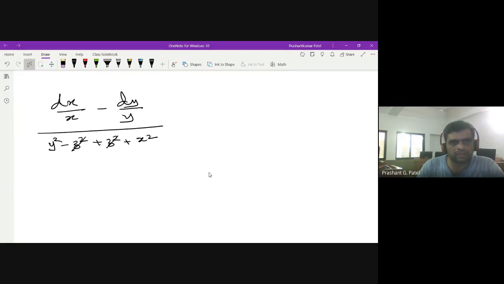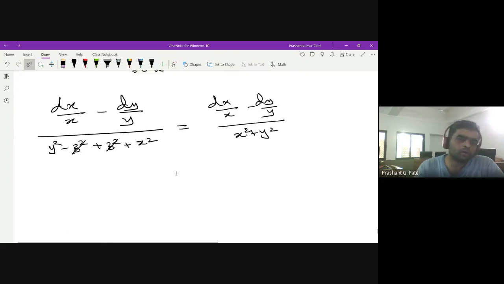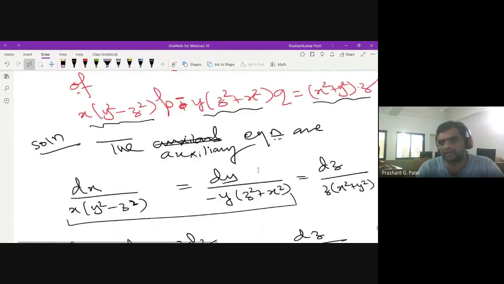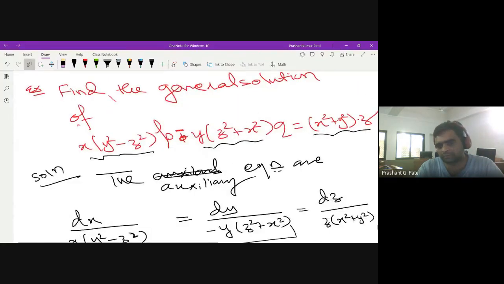So minus minus gives plus, and the x square terms get cancelled. So it is in terms of y square plus z square, and this gives dx upon x minus dy upon y upon x square plus y square. In terms of z, observe that it is also of the same type, that is dz upon z into (x square plus y square).